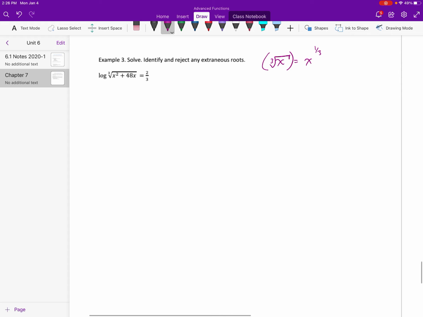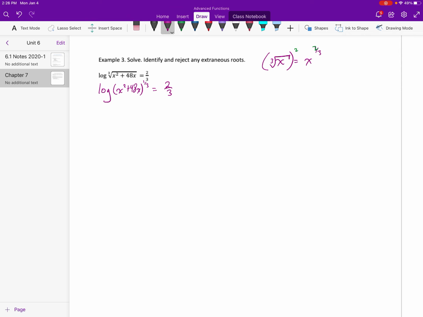So let's rewrite this. We would have log of x squared plus 48x, to the power of 1 over 3, equals 2/3.